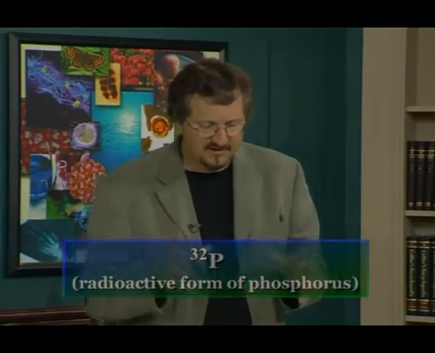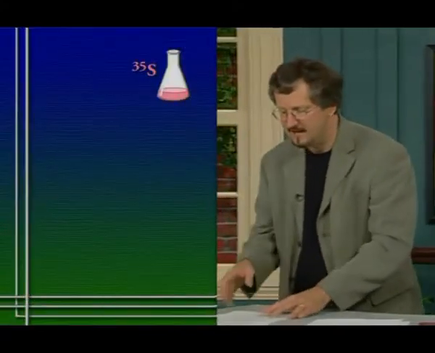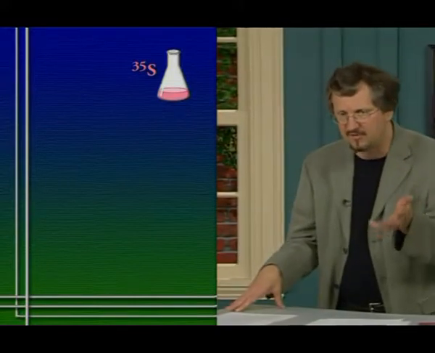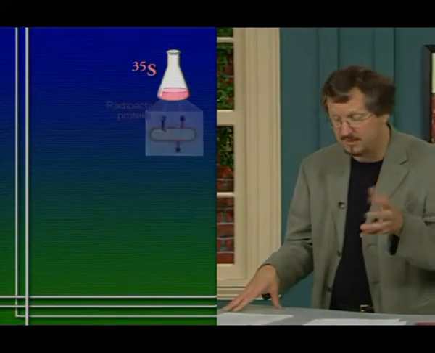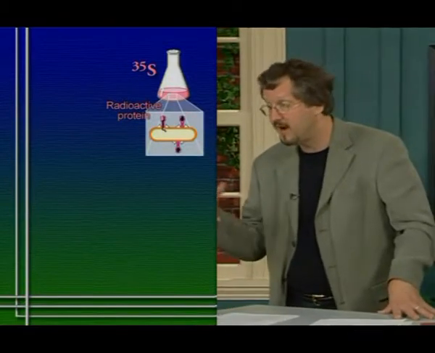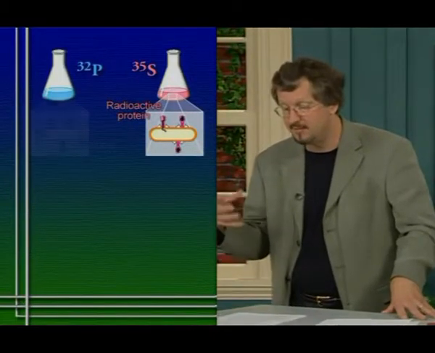So they grew viruses in a medium that either had radioactive sulfur or radioactive phosphorus, resulting in some viruses that had their proteins radioactively labeled, and some viruses that had their nucleic acids radioactively labeled. And then this is what they did. In separate experiments, they added either the radioactively labeled sulfur viruses with the radioactive protein coat or the radioactively labeled phosphorus viruses with the radioactively labeled DNA.